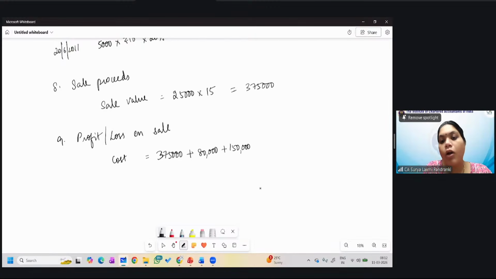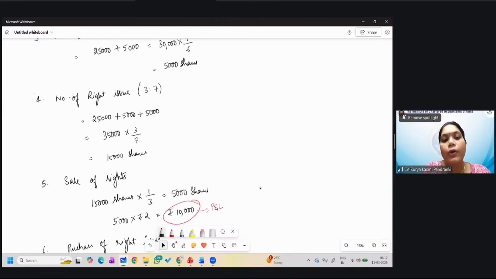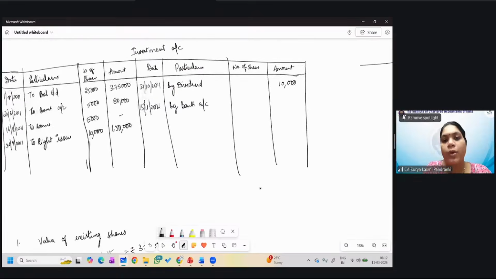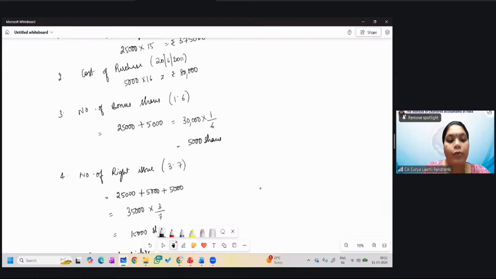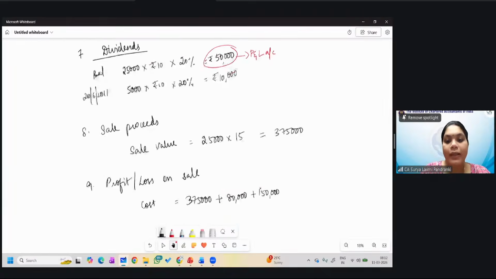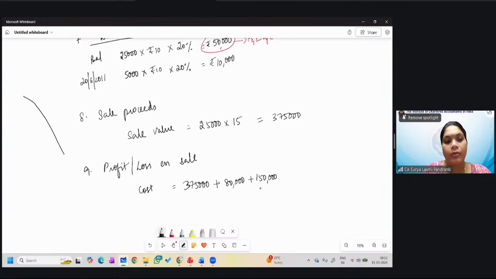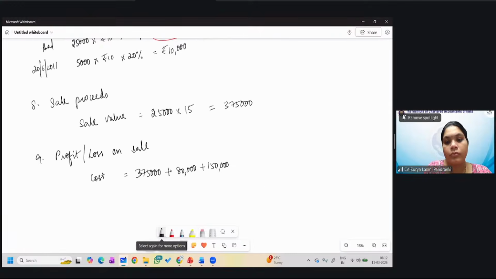Now, along with this, I am also going to take this value, which is the 10,000, because this has to be adjusted against the cost of investment. This also has to be taken there as a negative figure. So we deduct from cost.